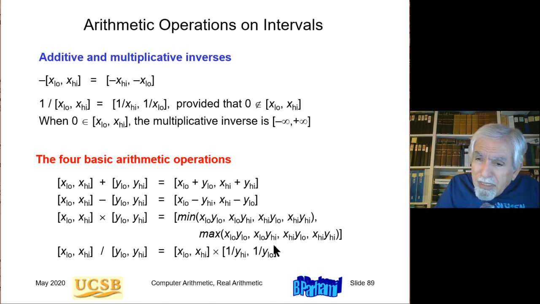So basically now you know that your sum is in this interval. You don't know the exact sum, but you have a lower bound for it and you have an upper bound for it.